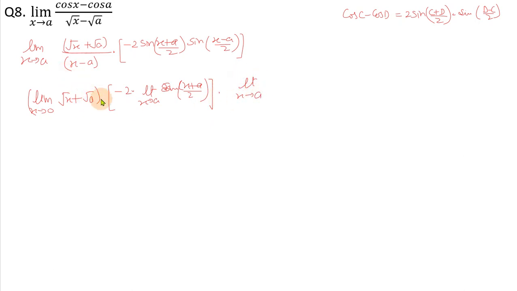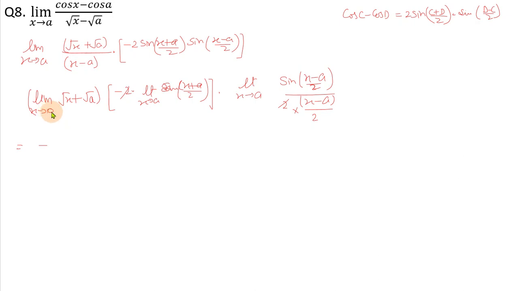Now this factor in the denominator, x minus a, is adjusted with the last term, that is sin x minus a upon 2 whole upon x minus a. Now the angle with sin is x minus a upon 2, but in the denominator we have only x minus a, so we are going to divide and multiply it by 2. So this 2 goes off with this one, minus sign in front of this.